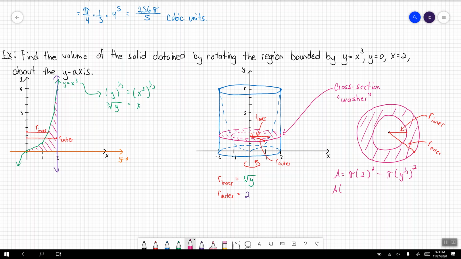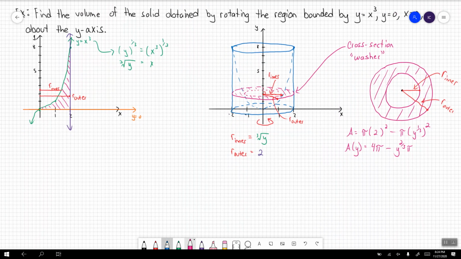Therefore, my area function in terms of y is going to be 4 pi minus y to the power of 2/3 pi. This is the area function. Again, outer area minus the inner area. That way we can extract the area of this washer.